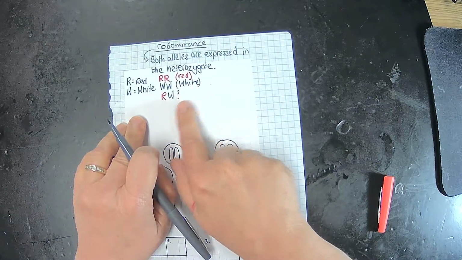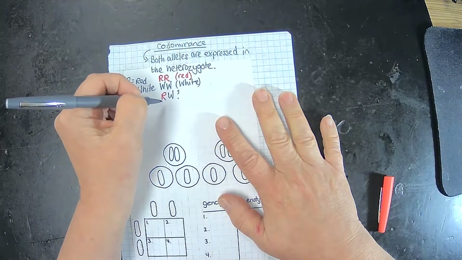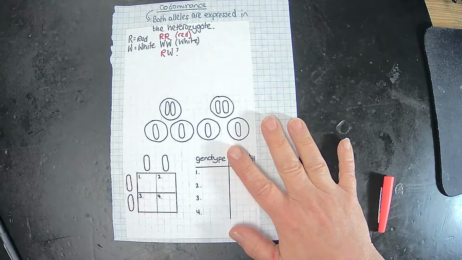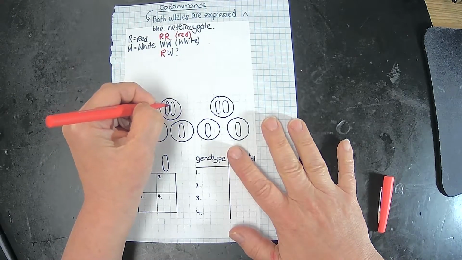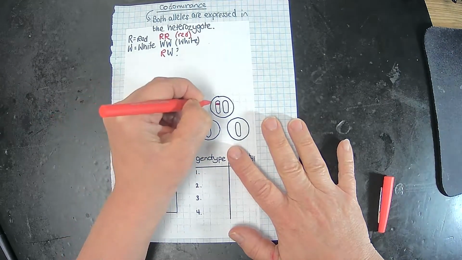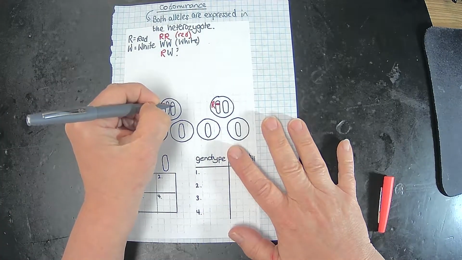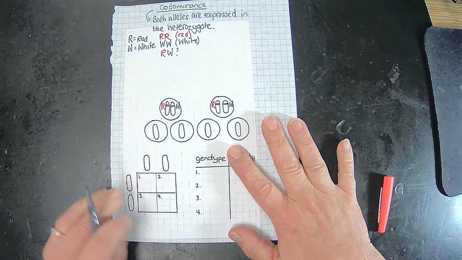What that means is you're going to see both red and white. So what would that look like? Okay, so here is one parent, and here's the other parent, and they are big R, and they are big W.